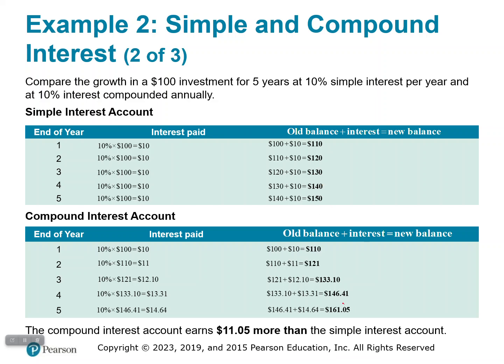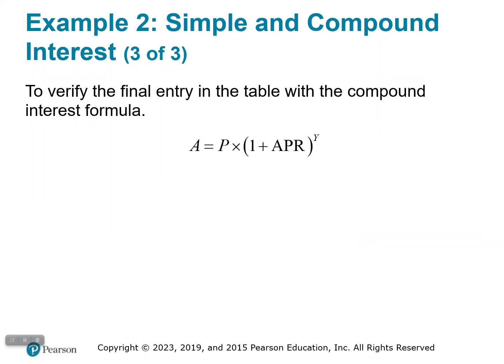All right, let's take a look at this, though. We wanted to verify this number, 161.05. Let's use our equation to verify the final entry in the table with the compound interest formula. Right, we had a $100 principal at 10%. 10% is 0.10.